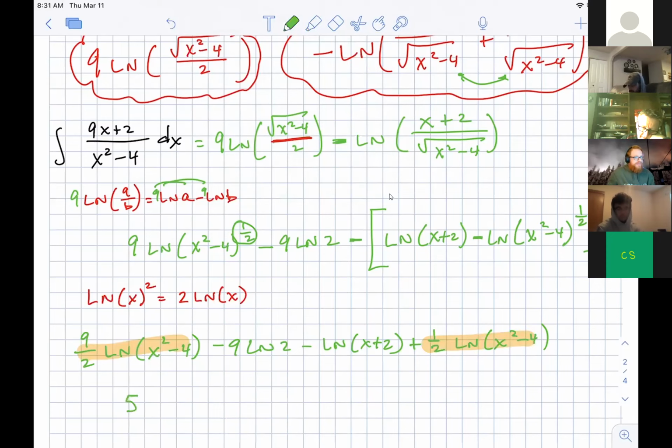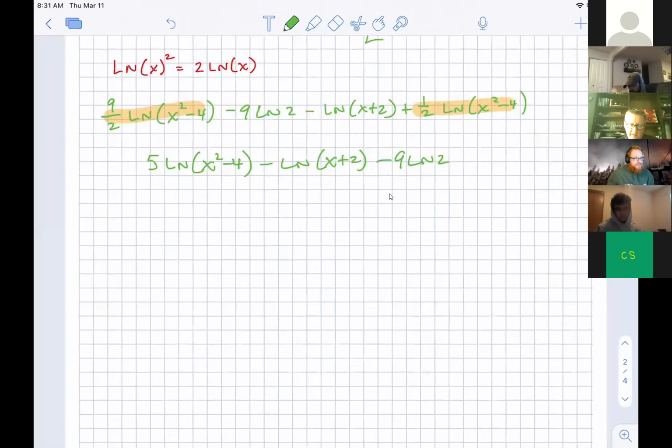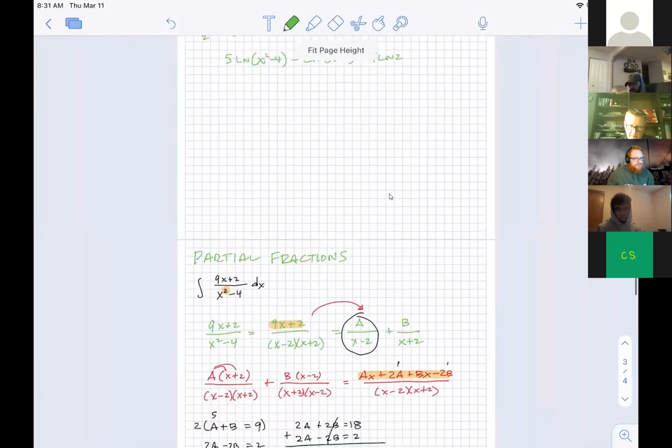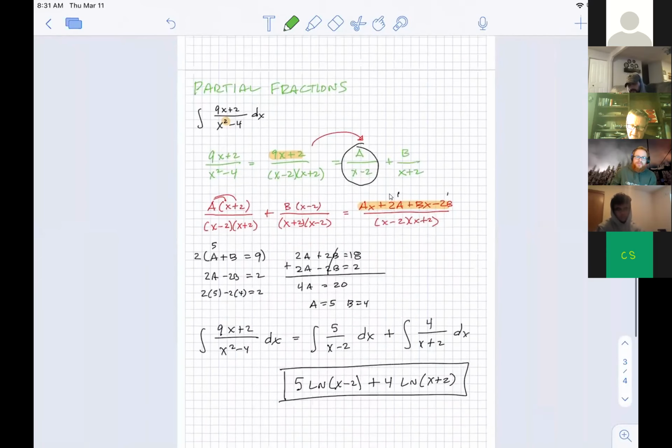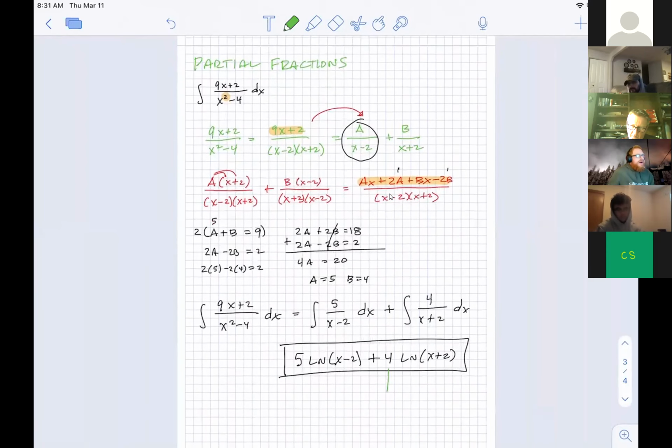So you have actually 5 natural log of x squared minus 4, and you have minus the natural log of x plus 2, and you have minus 9 natural log of 2. Hey, this is starting to look kind of like our other answer. As a matter of fact, it would look exactly like the other answer, except for there's a 4 right there.